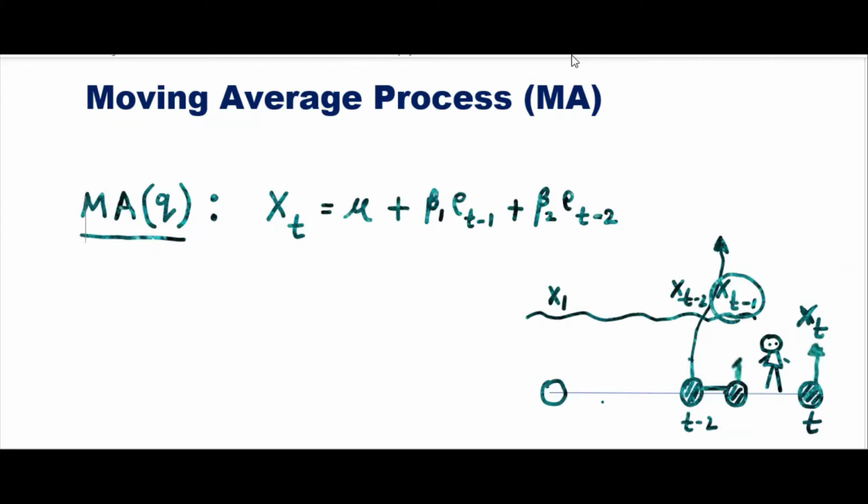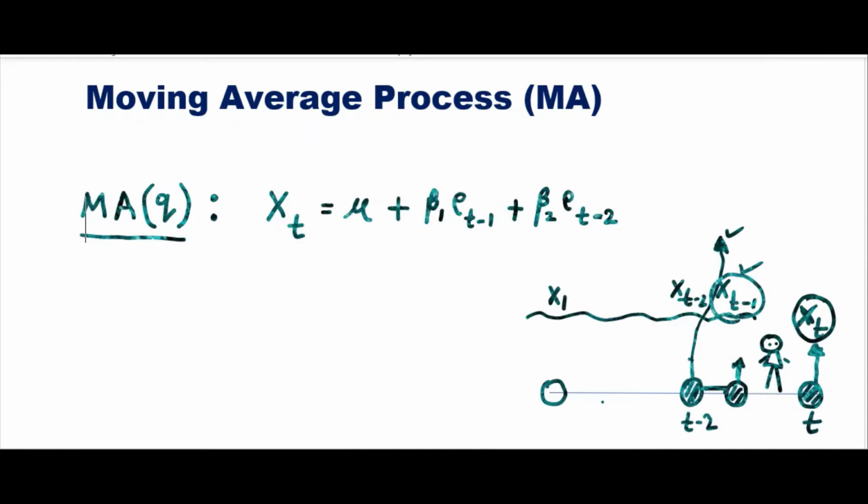We know the value here, we have to predict here. Otherwise it's difficult to know the errors. You must have predicted some value, you must have observed the real world value, you find the difference, that is et minus 1. So it's a linear combination.